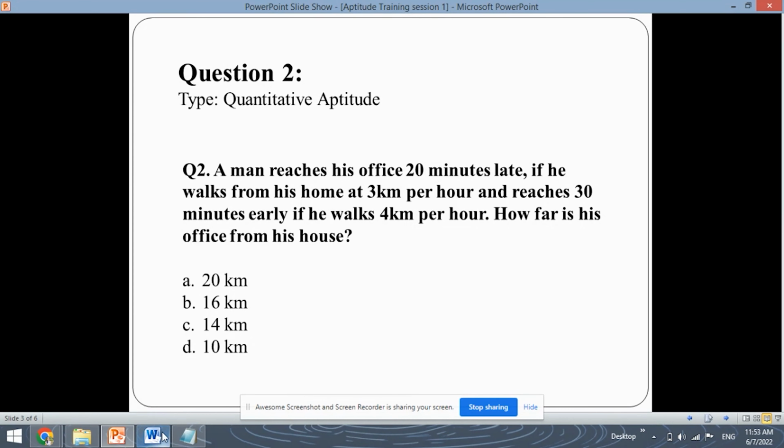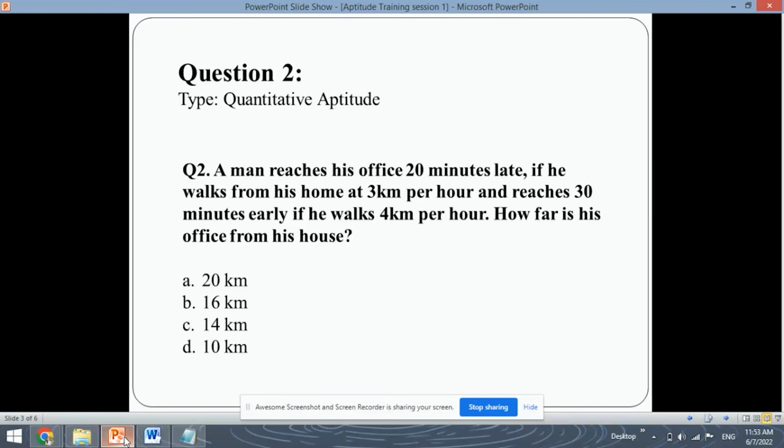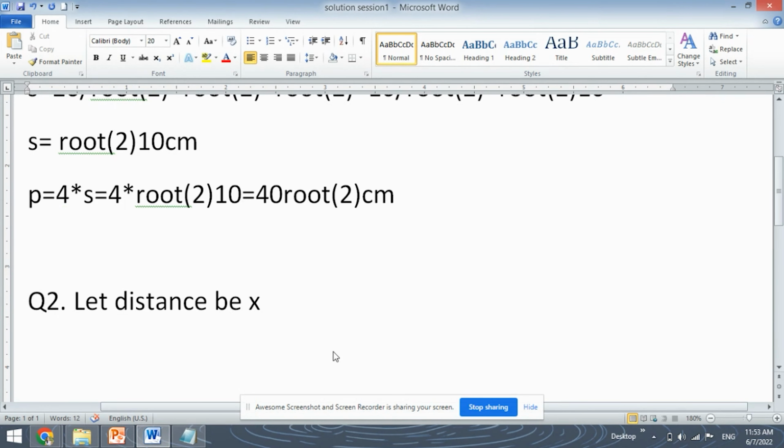Now this is question two. First, let the distance between the office and the house be x. Next, the information we have is at speed 3 km per hour.